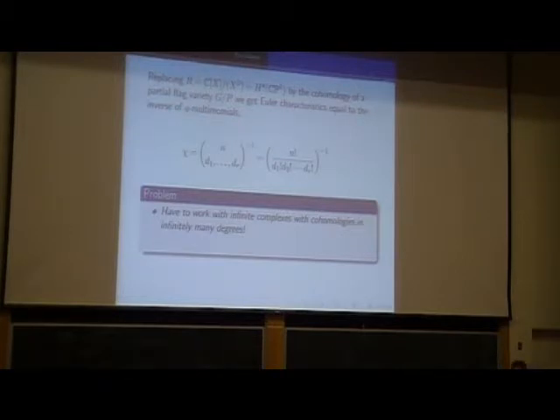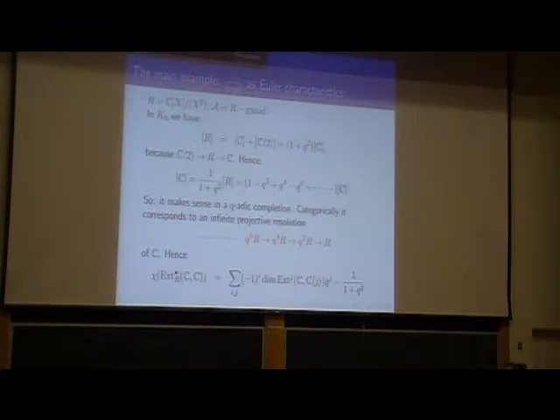May I ask why you get a minus sign on the previous page? Say again? Where do the signs come from? So the signs come just from at which degree you take your homology and have the alternating sum. So degree 0 and 2 would give you plus, and 1 and 3 would give you minus.